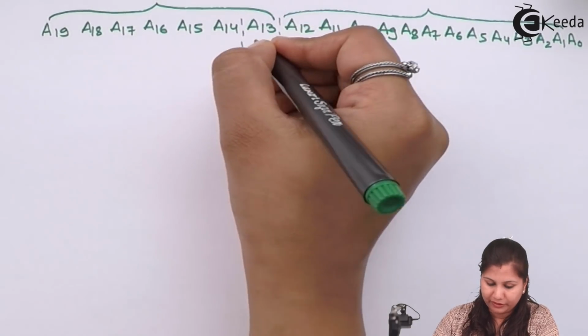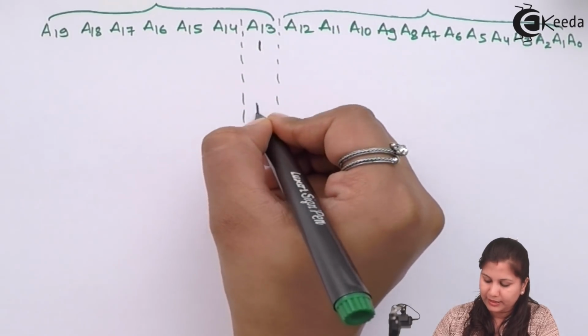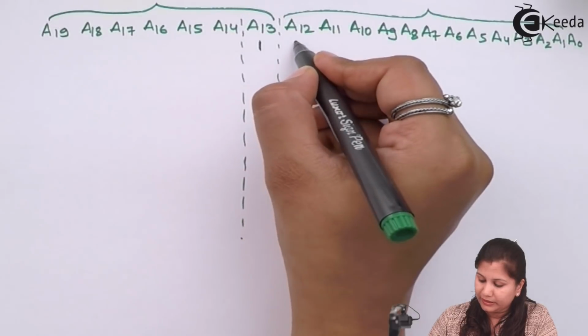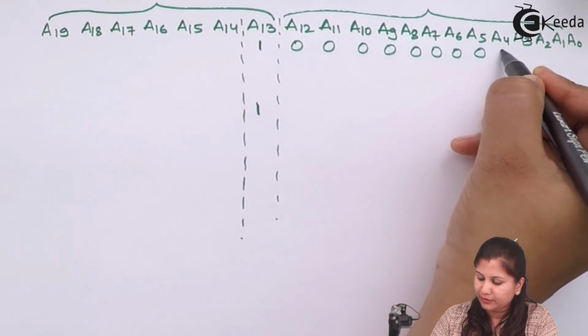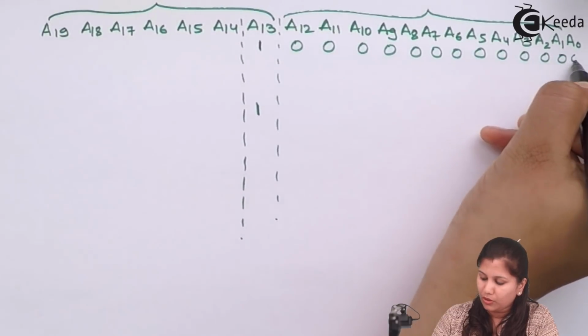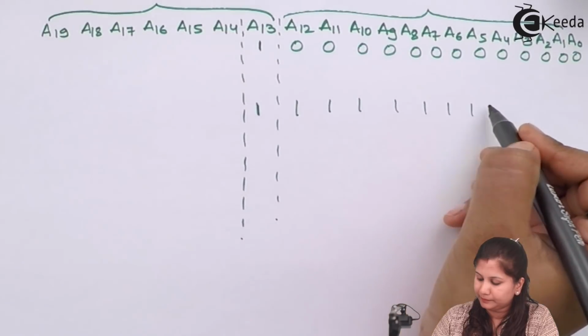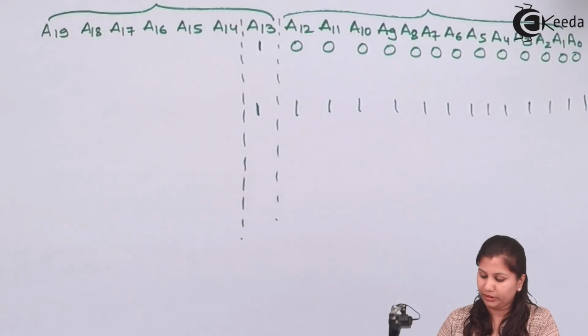Now if we decide for the ROM, A13 takes the value 1. These A0 to A12 can take any values. They can all be 0, or they can all be 1.